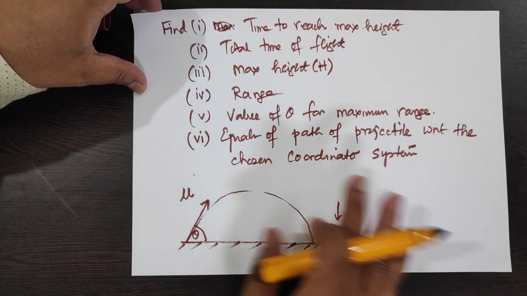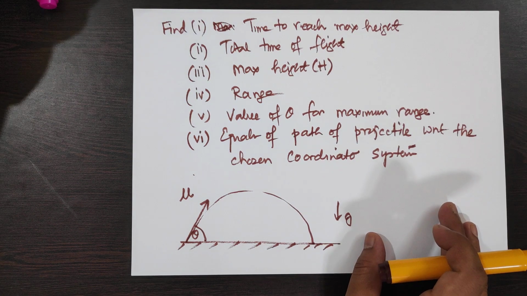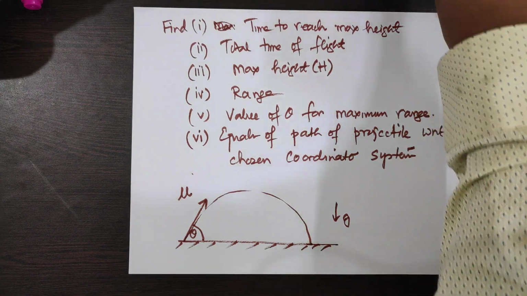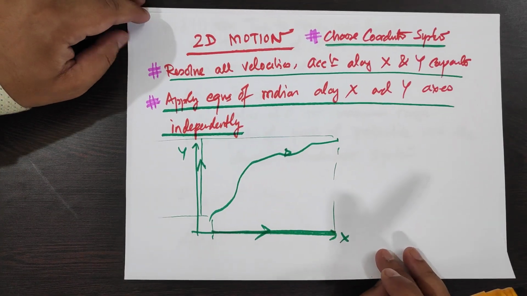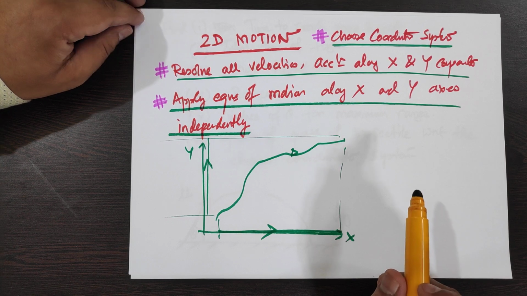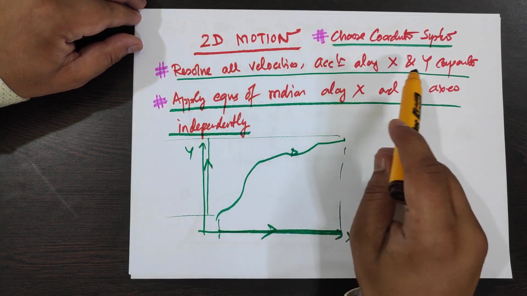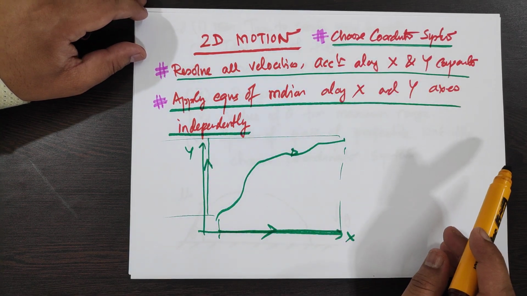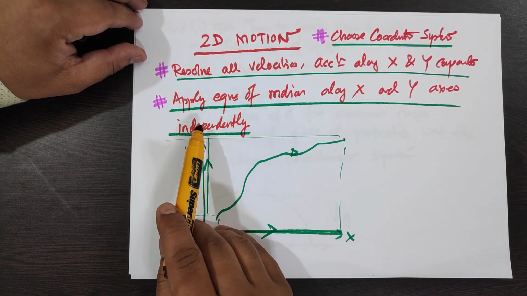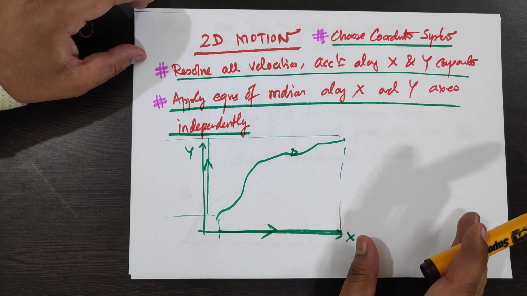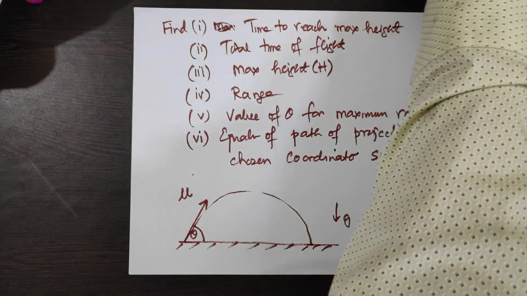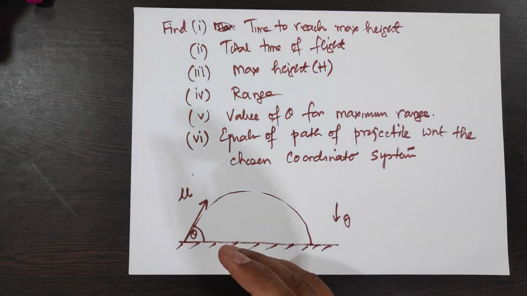Now, as per the problem solving method, what we have to do first is choose a coordinate system, then resolve all velocities and accelerations along x and y components. Next, apply the equations of motion along the x and y axis independently. So that is what we will be doing now.